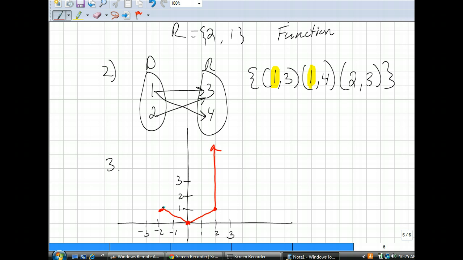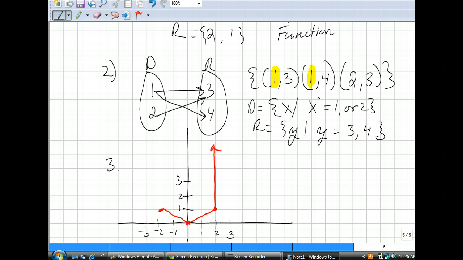Now remember, oh, I'm sorry. Let's go back to this other one. The domain of this one is 1, 2, and the range, well, let's write this like this. All x such that x equals 1 or 2. And this one is all y such that y is equal to 3 or 4.